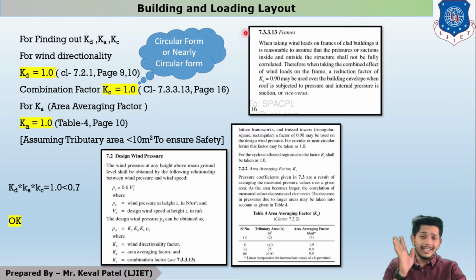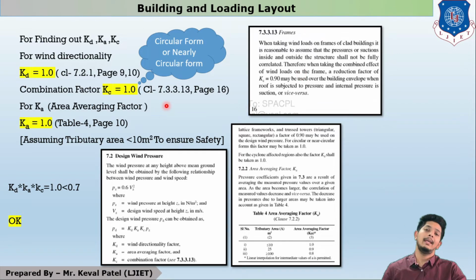It should be reduced only when you are taking wind loads on frames or clad buildings or different patches of buildings which are square or rectangular. So generally in circular or nearly circular form, Kc should not be reduced to 0.9 and it should be taken as 1.0. Keep this in your mind.